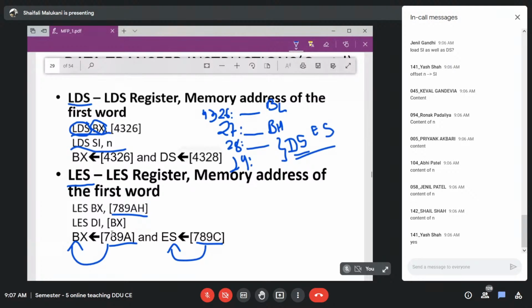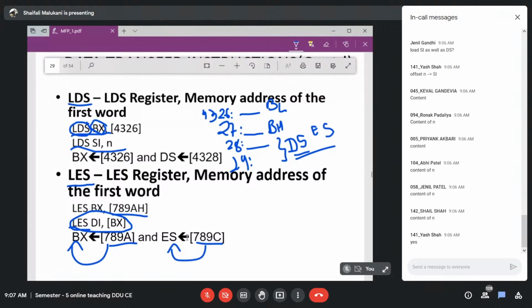What is this? BX content should be taken as address. At that address, whatever the content is should be copied to DI.